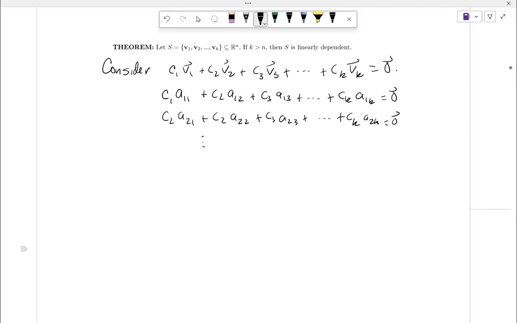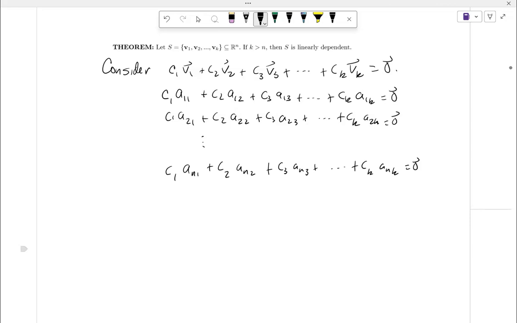And so on down the line. Oops, this should be a C1 here, sorry. So this is our system of linear equations that we need to solve.